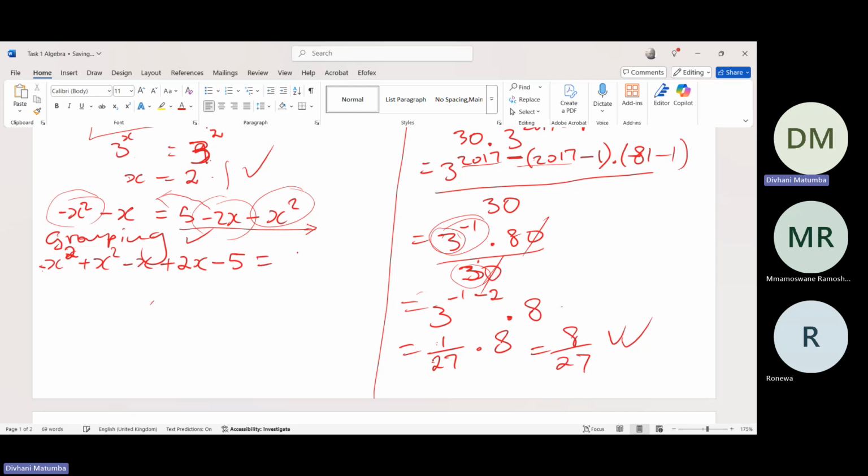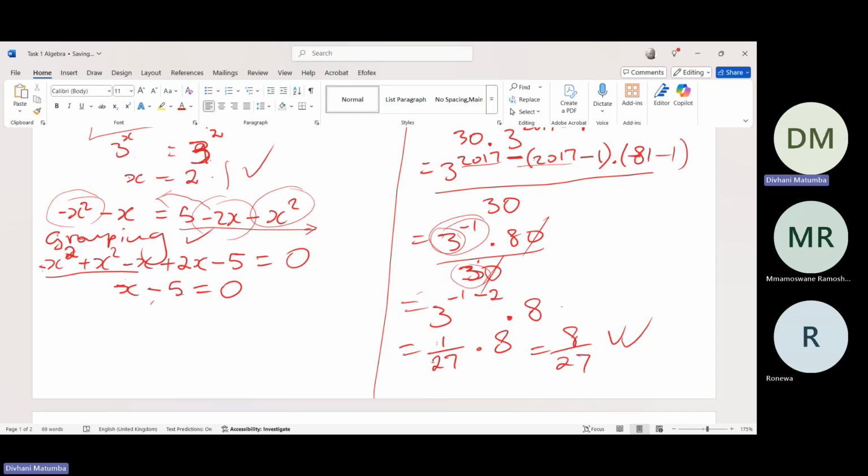It's all equal to, what are we going to be left with? 0. Okay. Here we're going to have a 0, and we're going to be left with x minus 5 equals 0.